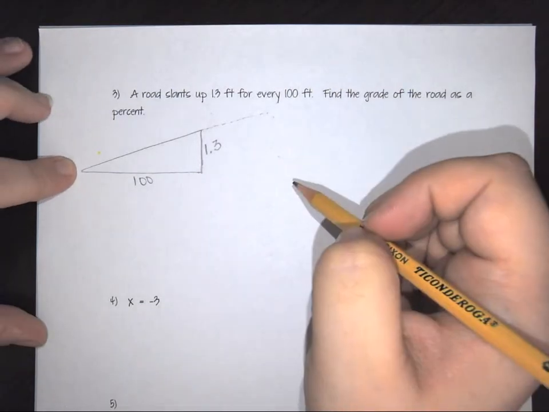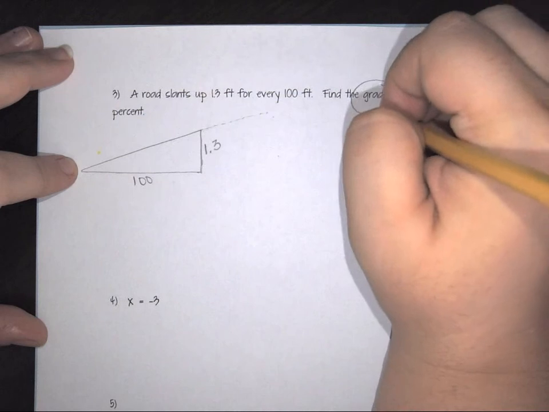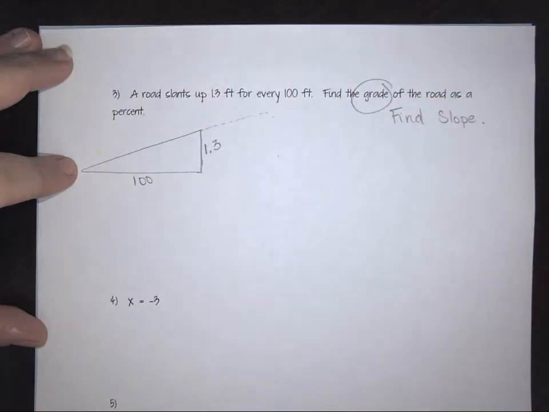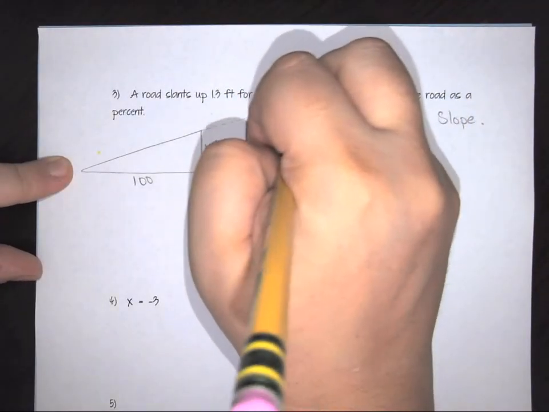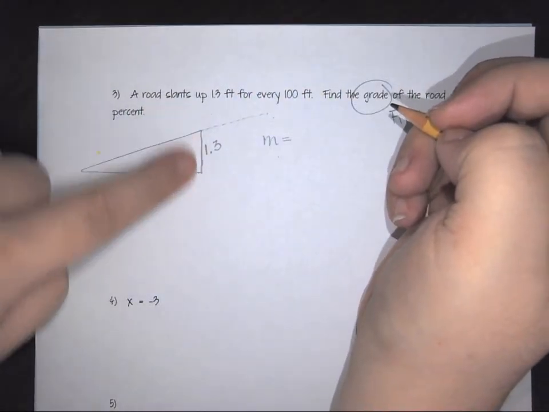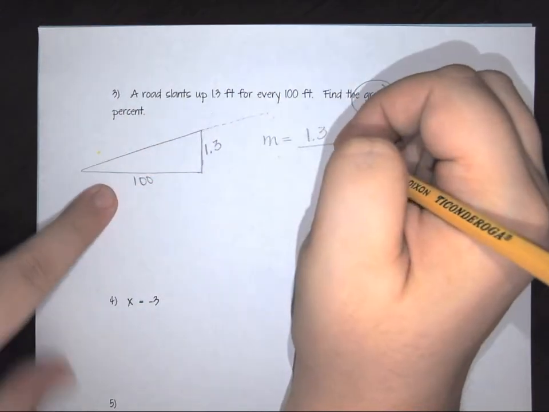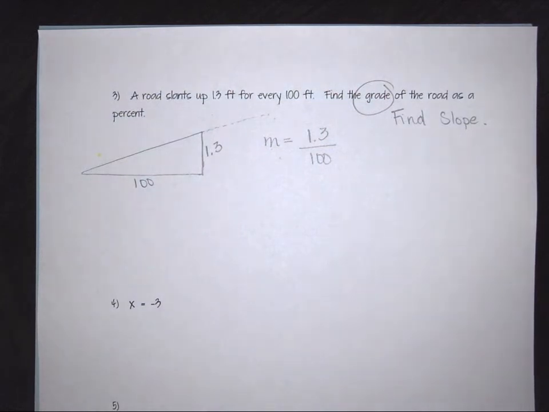So we want to find the grade of the road. Grade here essentially means find the slope. So the slope again is going to be your change in y, the 1.3, over your change in x, which is 100. So we want to go ahead and divide that out.